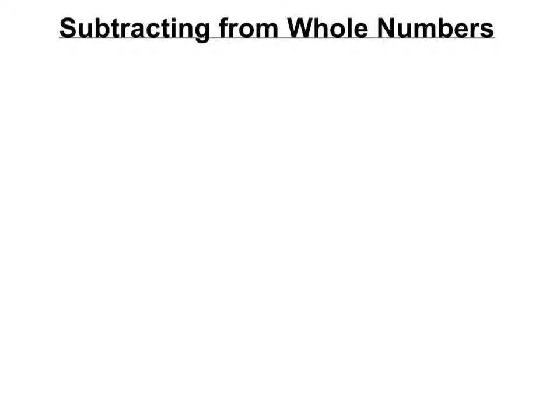Speaking of mixed numbers, we're going to now take a look at how to subtract mixed numbers and fractions from whole numbers. So let's go ahead and start with a problem. Let's go 4, and we are going to subtract 2/5.